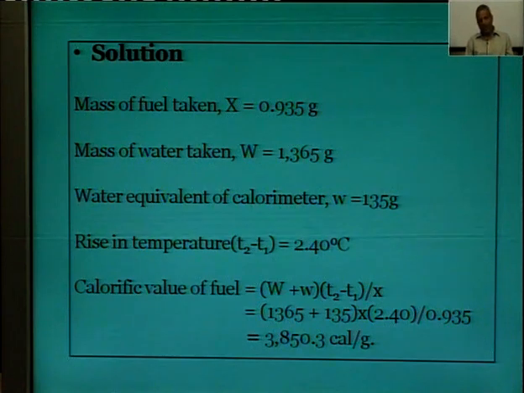In British thermal unit, when 1 pound of water is heated and the temperature is raised by 1 degree Fahrenheit, the total amount of heat absorbed by 1 pound of water is equal to 1 British thermal unit.